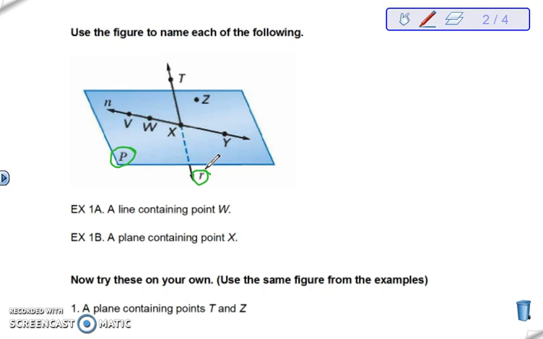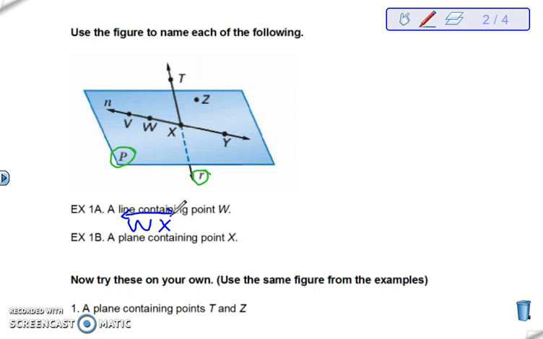So example 1a, they want us to list a line that contains point W. I can't just say line W, but what I can do is say WX, and then put a little line above it with the arrows to let whoever's reading this know that I want the line to go all the way.